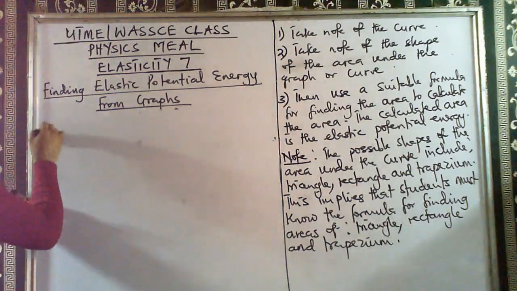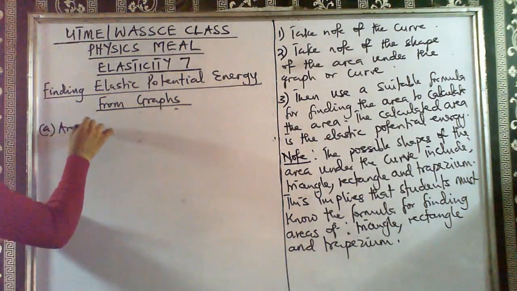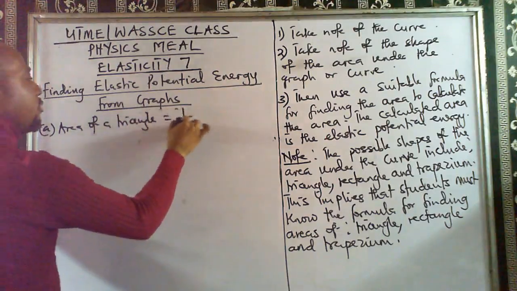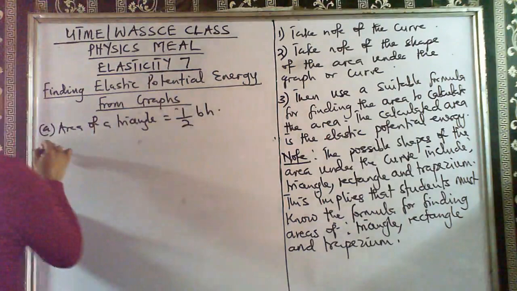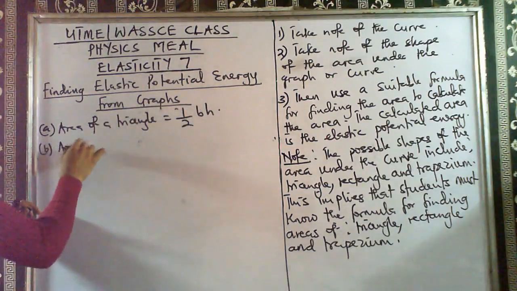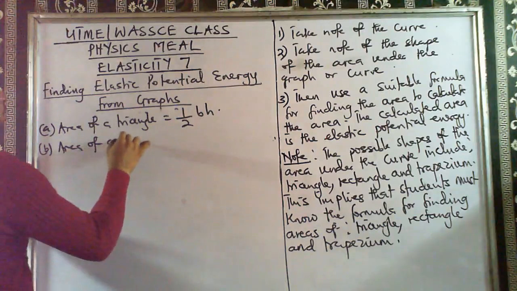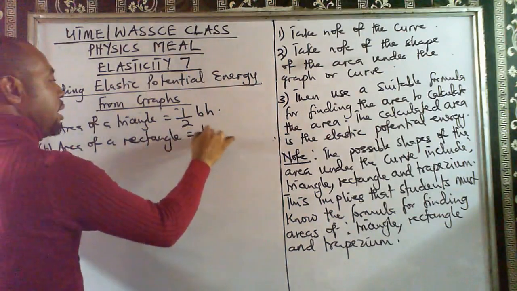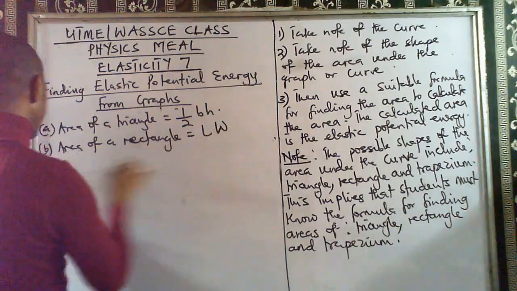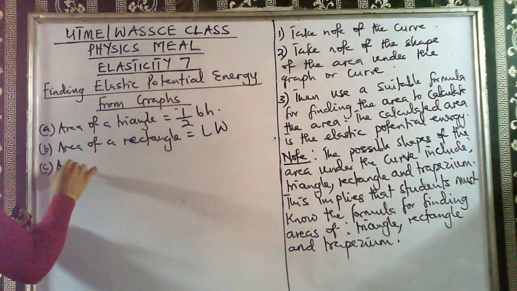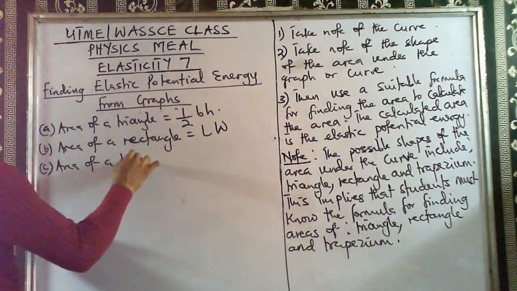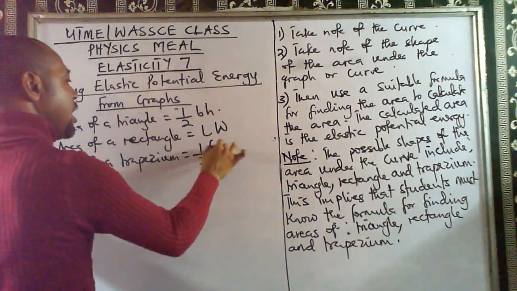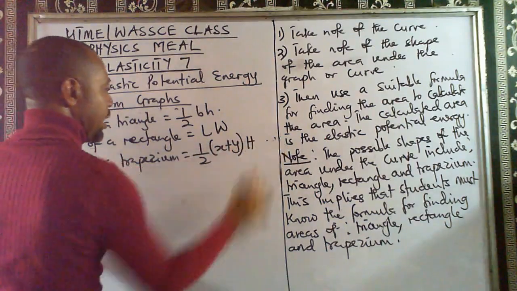The area of a triangle is half base times height. The area of a rectangle is length times width. The area of a trapezium is equal to half (x plus y) times the height of the trapezium.